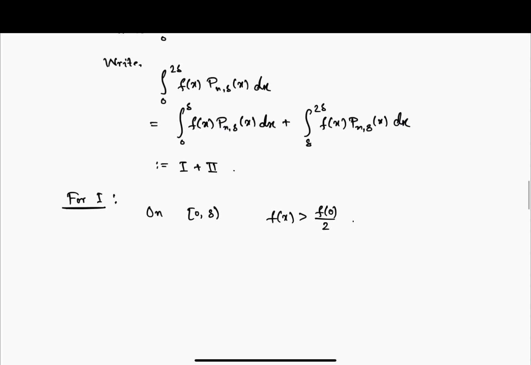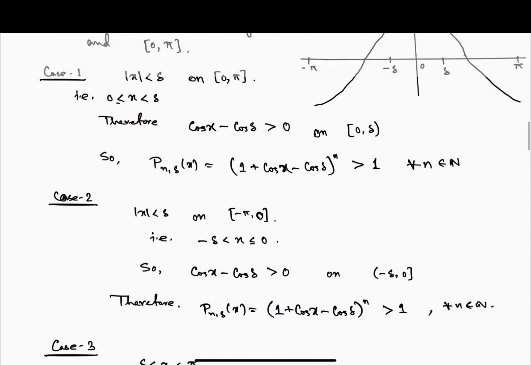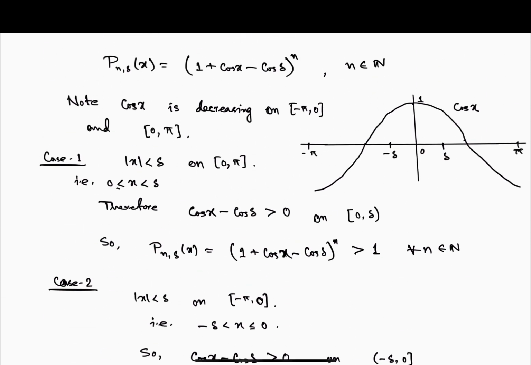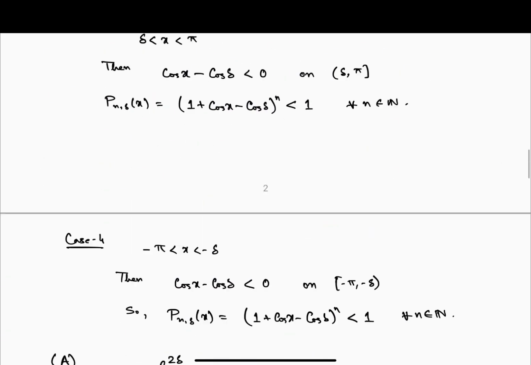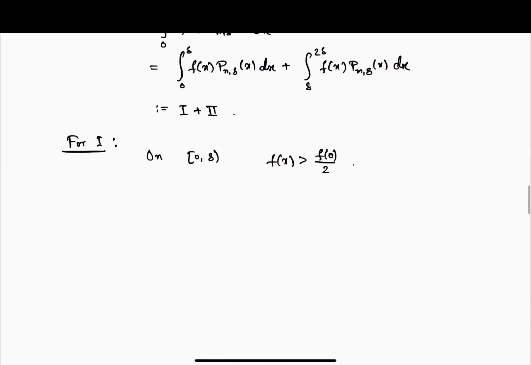And we also know that on 0 to delta, this is case 1, P_n,delta is bigger than 1, so it is positive.